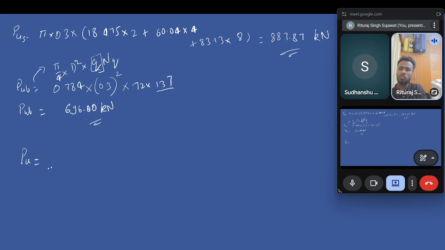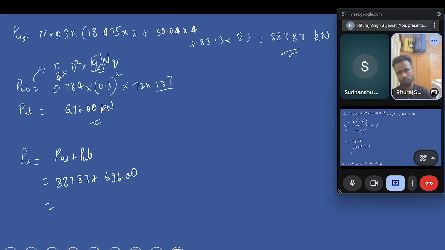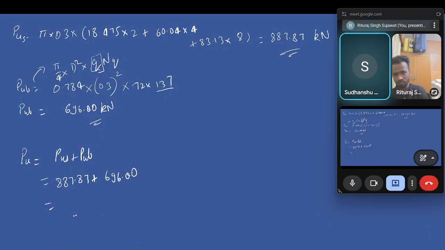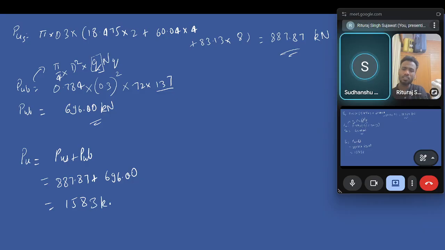If you calculate the total load at the bottom, it will be your PUS plus PUV, which is 887.87 plus 696.00. If you sum this up, 1583.87 kilonewton.